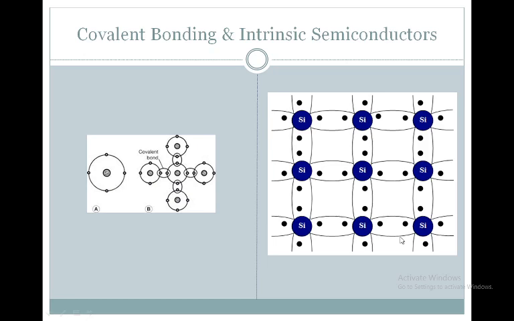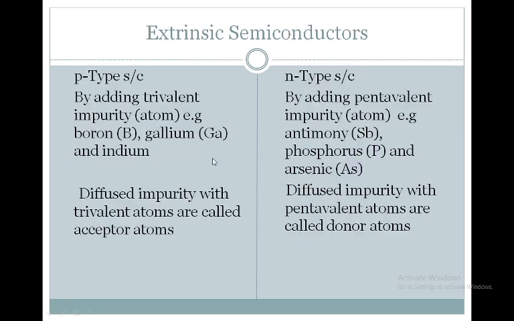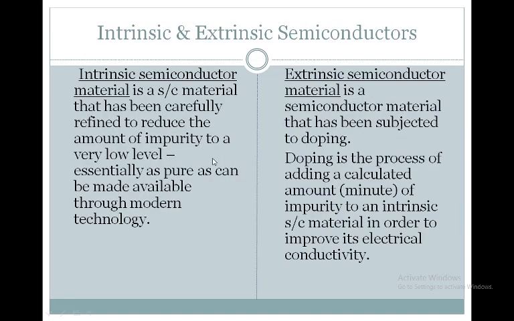Now, semiconductors are either intrinsic or extrinsic semiconductors. An intrinsic semiconductor is a semiconductor material that has been carefully refined to reduce the amount of impurity to a very low level, essentially as pure as can be made available through modern technology.